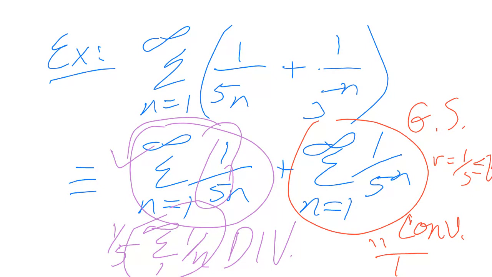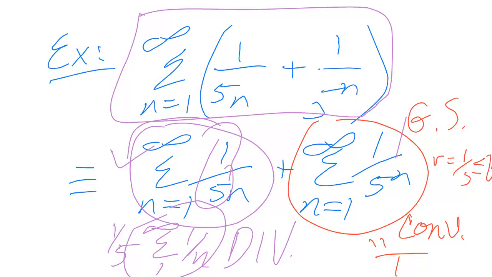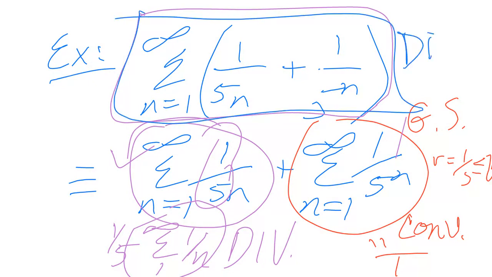But in this case, this left series doesn't approach any specific value. So that means that this entire one up here is divergent. Okay, so we didn't need the one on the right, but the one on the left sufficed in this case.